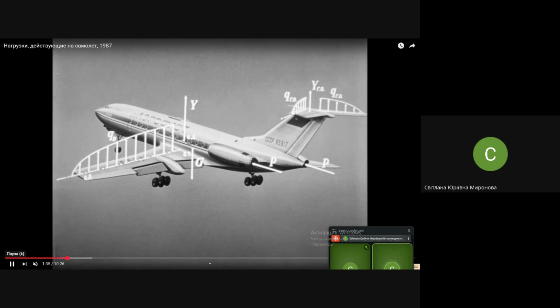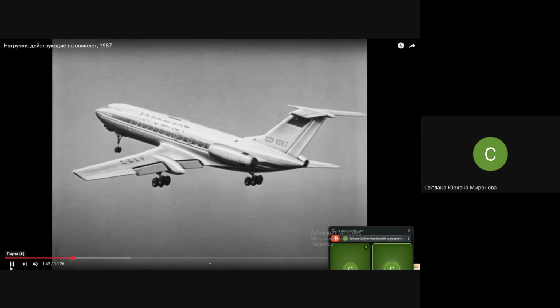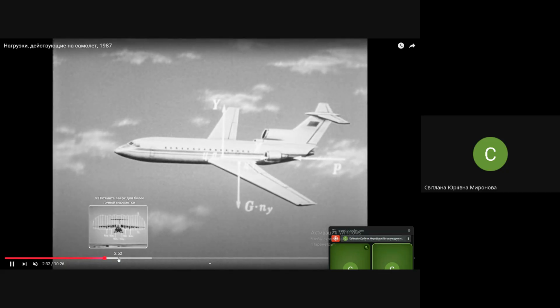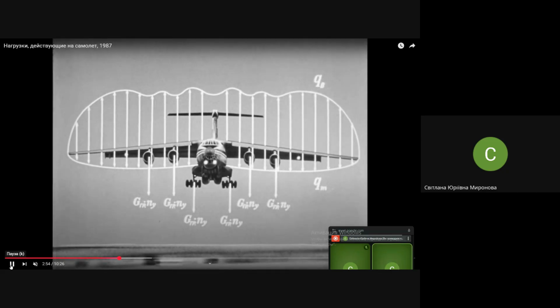It comes to external loads: the weight of the structure, aerodynamic forces, and so-called concentrated forces. Concentrated forces are usually forces of engines, landing gear weight, and some distributed loads inside the fuselage, passenger and cargo weight. Result: here we see this distribution of forces.